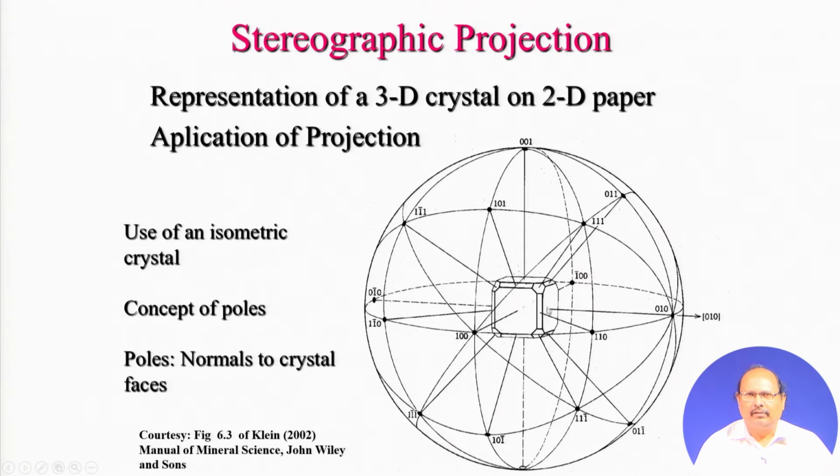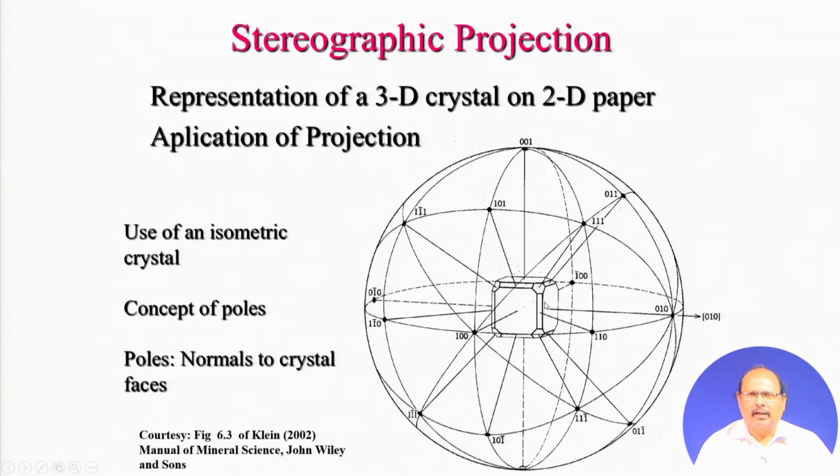In the same way, this is a face which is parallel to A3 and parallel to the A1 direction. So, it will have a nomenclature of 0, 1, 0. This is the face which is parallel to A2 and parallel to A1. So, it will have a nomenclature of 0, 0, 1.